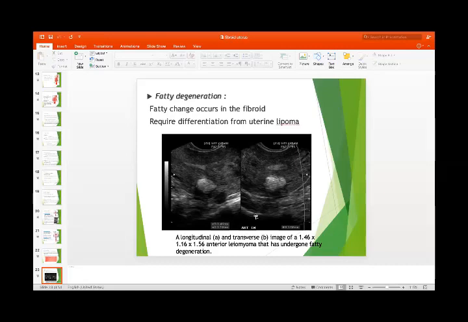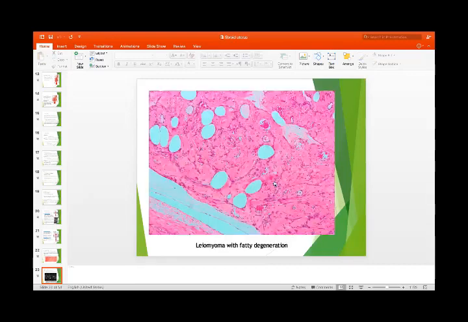As you can see over here, this is the fibroid uterus, and this is also a fibroid uterus, and it may undergo fatty degeneration. This is how you would see it on histopathology.